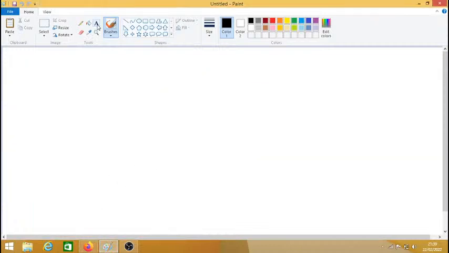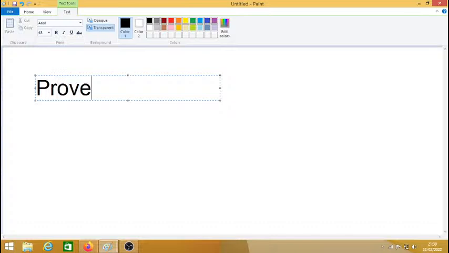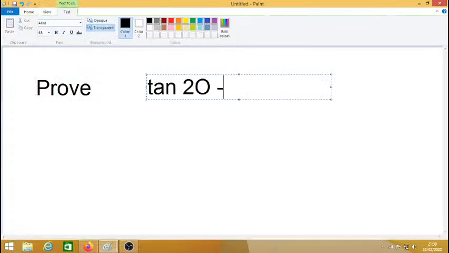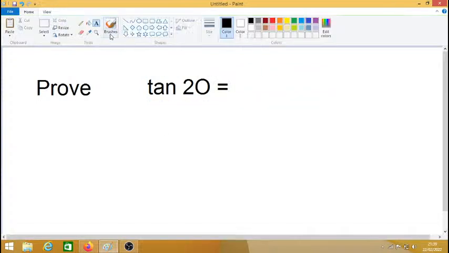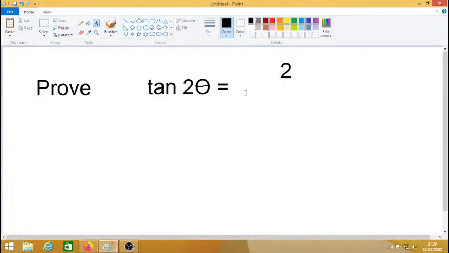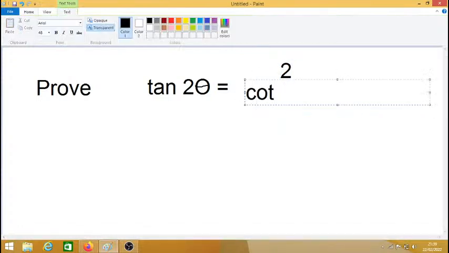Today's question is to prove the following trig identity, that tan 2 theta is identical to 2 over cot theta minus tan theta.